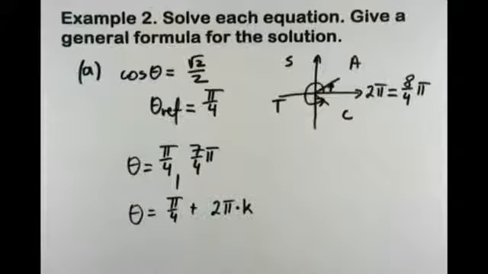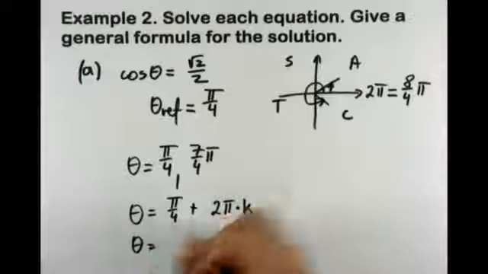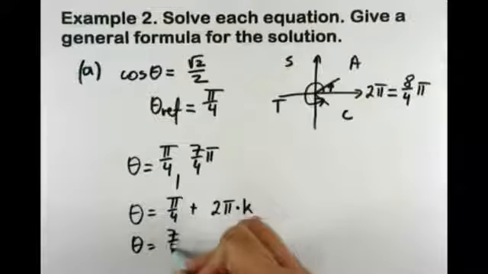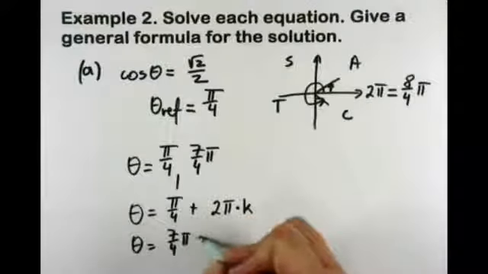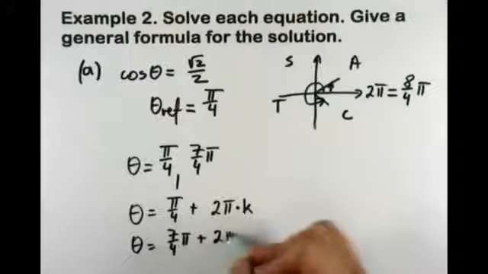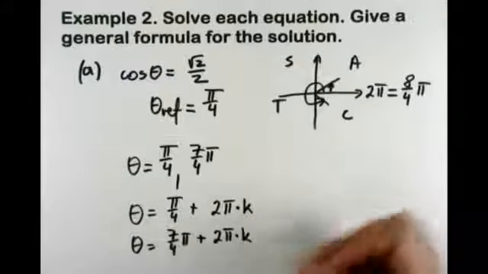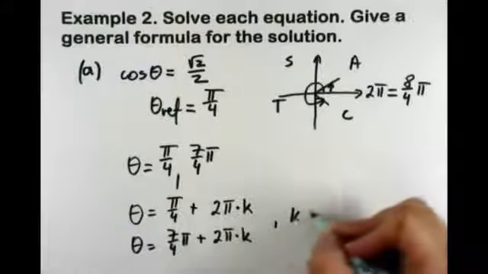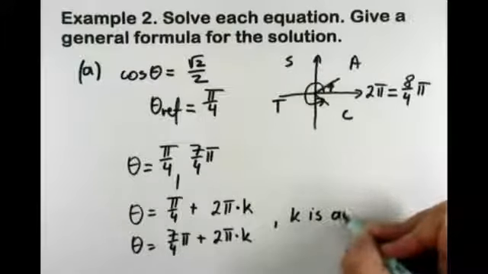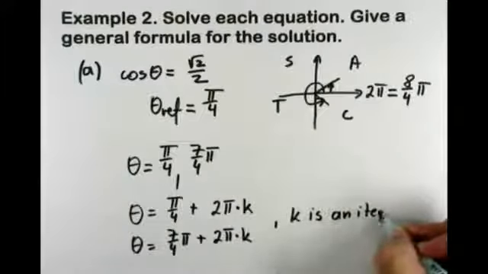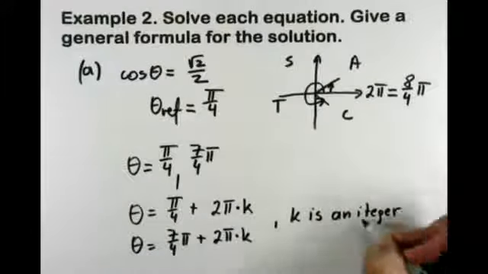And theta would be equal to 7/4 pi plus 2 pi times some k, where k is an integer.